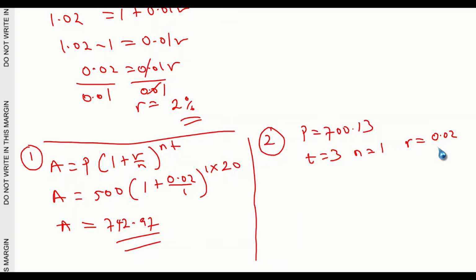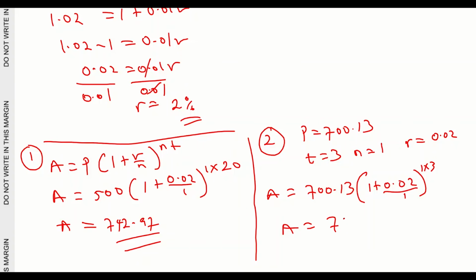So the amount will be equal to 700.13 into the bracket of 1 plus 0.02 over 1, to the power of 1 times 3. If you input this into your calculator, the amount should be equal to 742.98.